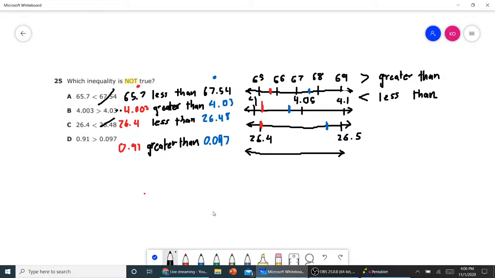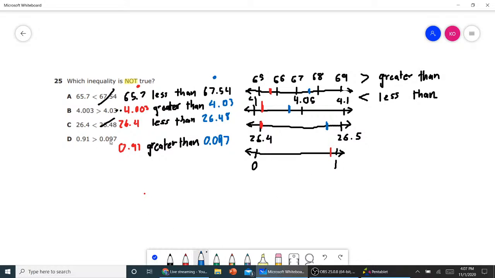So once again, let's make a range 0 and 1. So again, let's look at the numbers that we have. We see that the red 0.91 is closer to 1. So it would be right here, because the digit right after the decimal point is 9. So it would be close to 1. So we would make it right here.